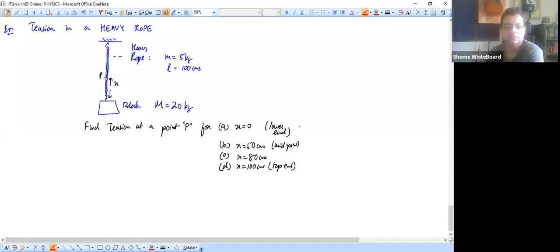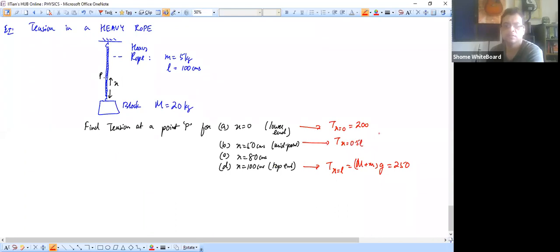You will get this tension. So for example, this one, 0.5 L, half the length.